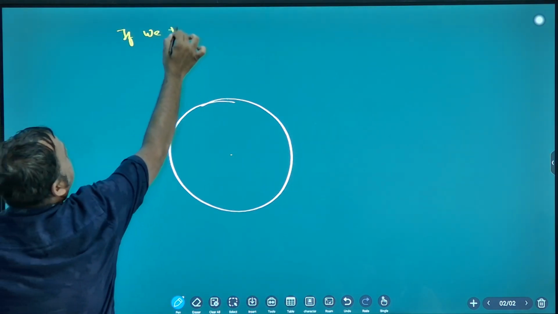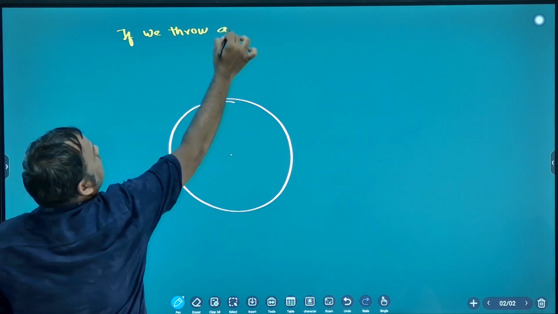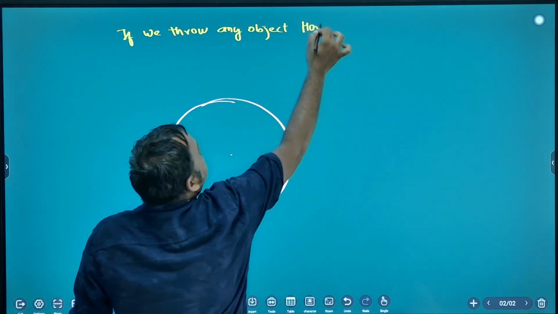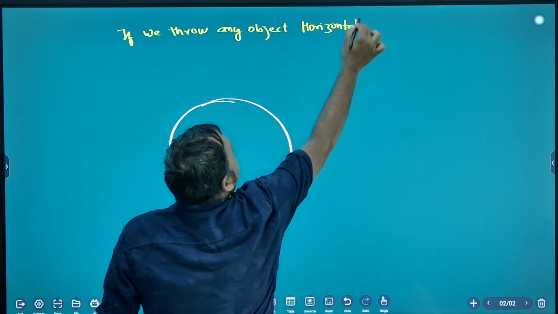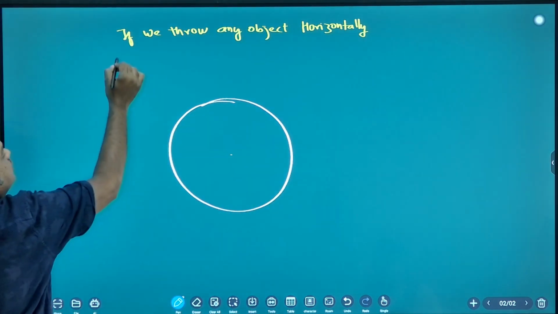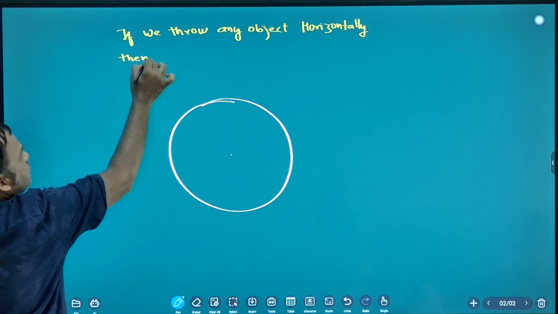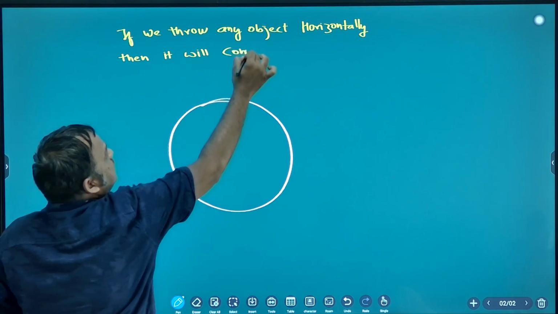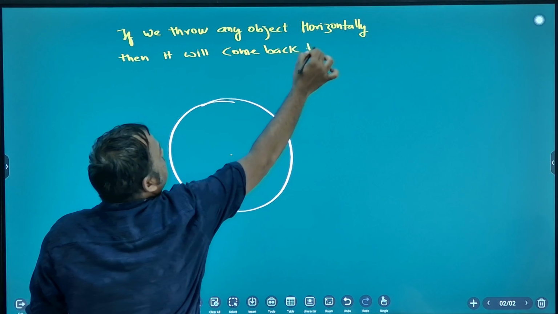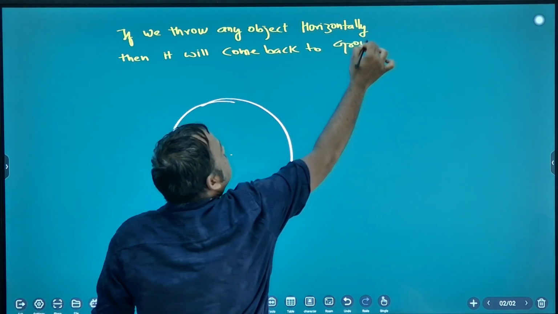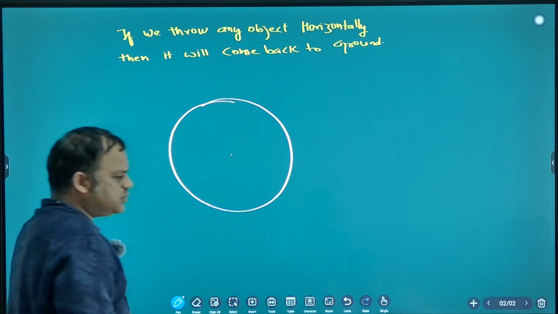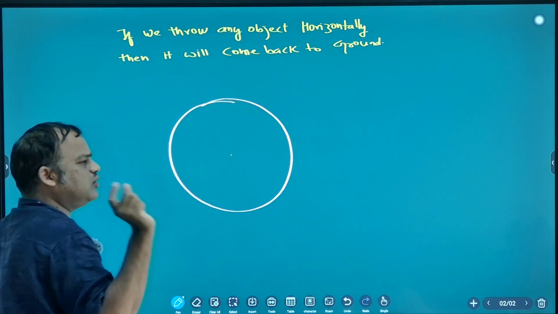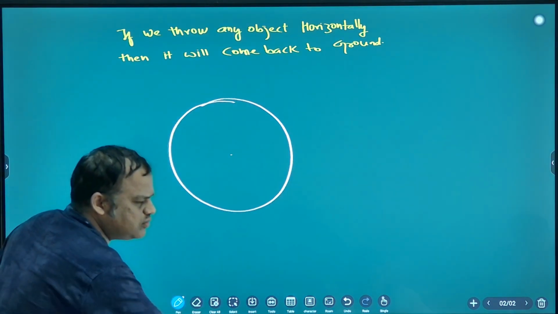If we throw any object horizontally, then it will come back to ground. Any ball you throw, maybe like this or horizontally, it will hit the ground.